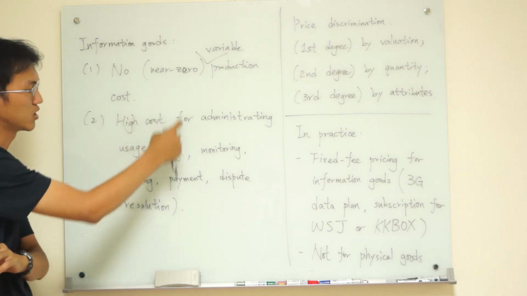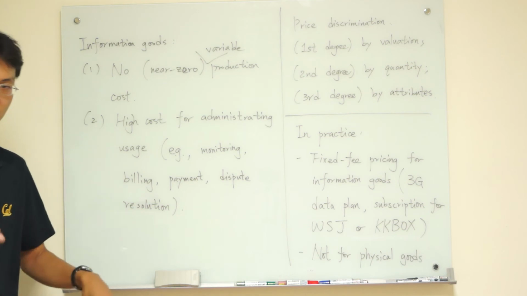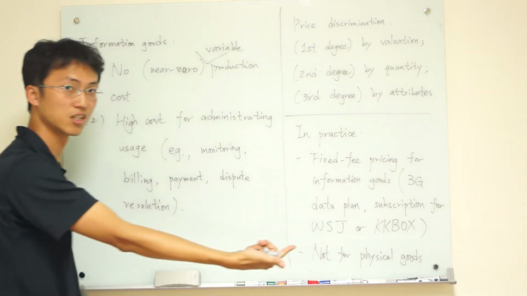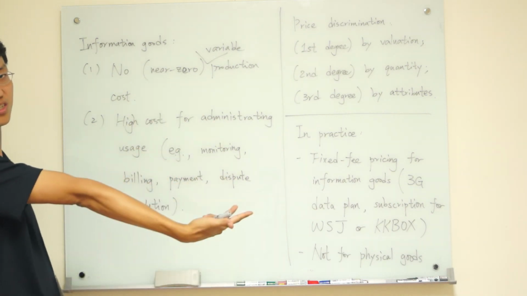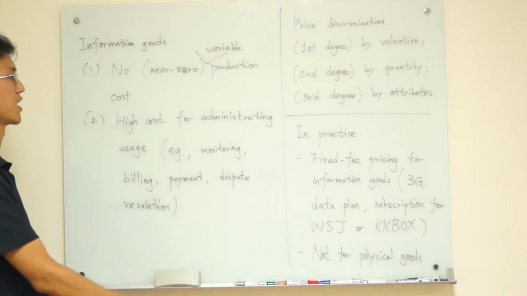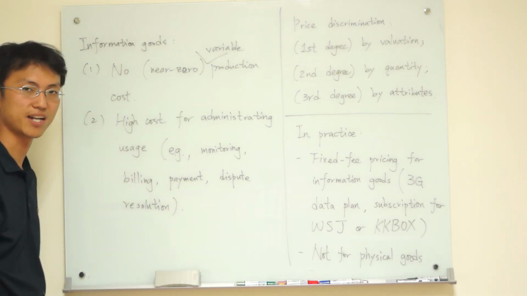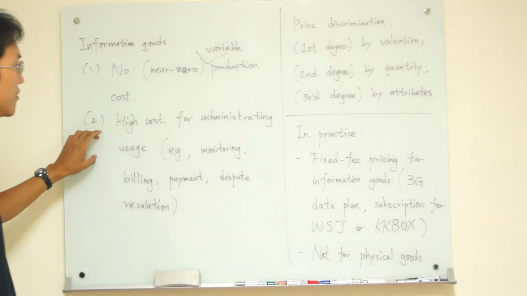With these attributes in mind, immediately you get some feeling about why people would use fixed fee pricing for information goods, right? Because production is not a problem, and I want to save some cost from monitoring them. So fixed fee pricing indeed has some benefit.